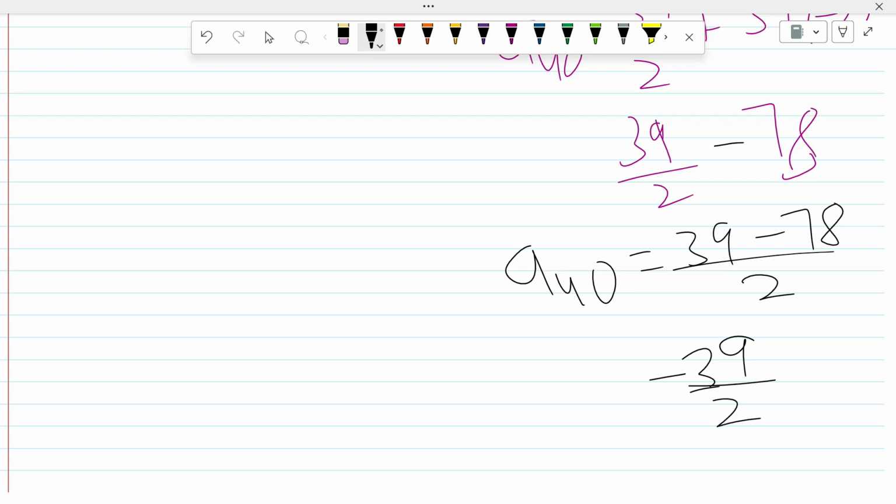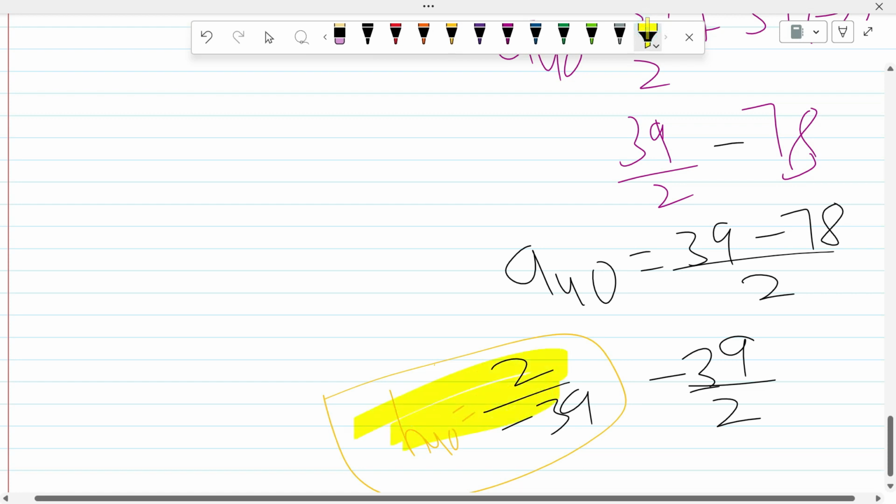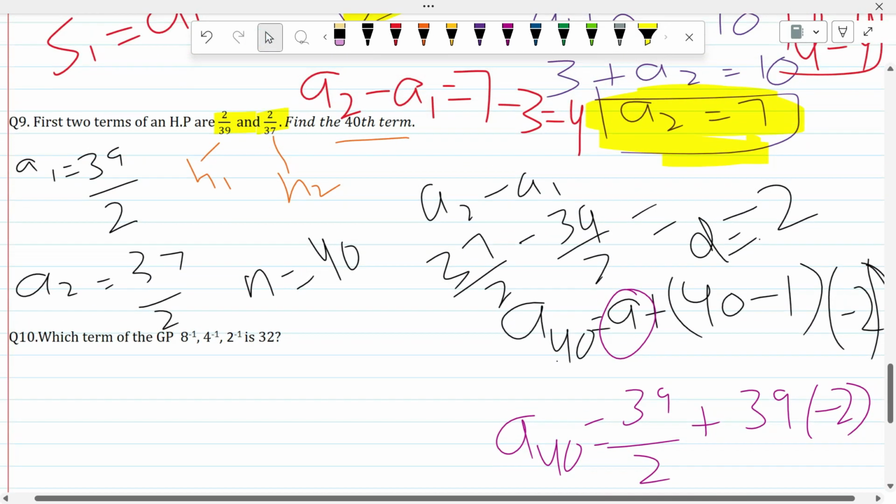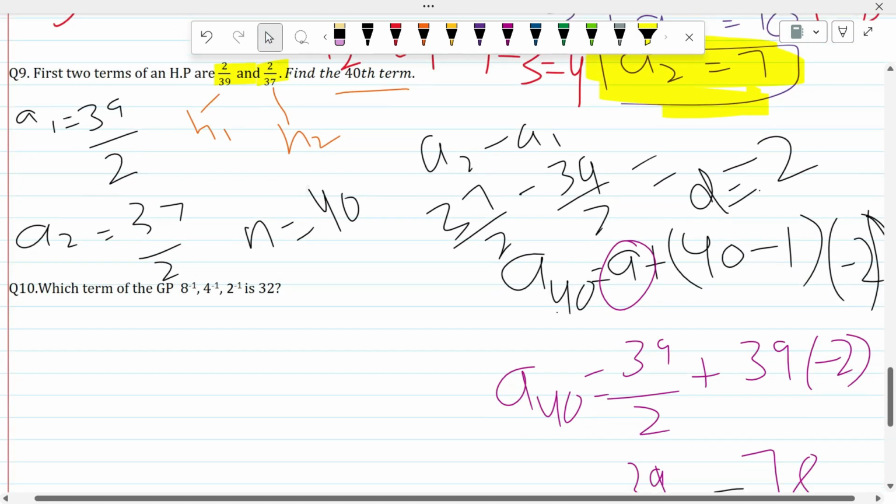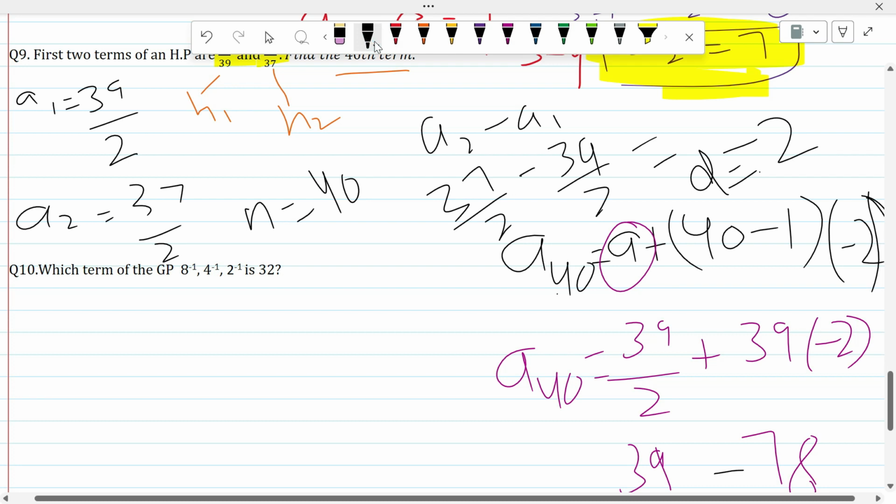When I convert this into HP, I will get 2 upon minus 39. Now H40 equals minus 2 upon 39, which is our correct answer over here. Let me highlight this. Okay, let us move upwards. This is one of the easiest questions of my life.